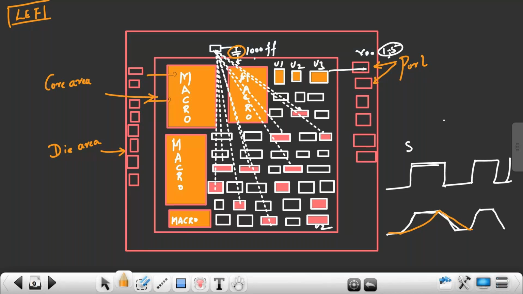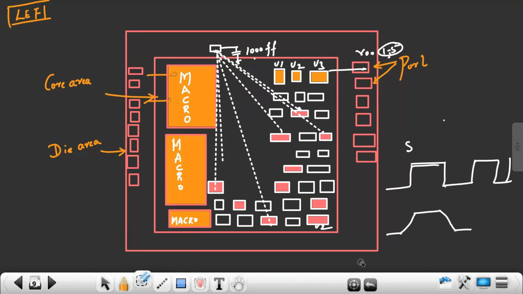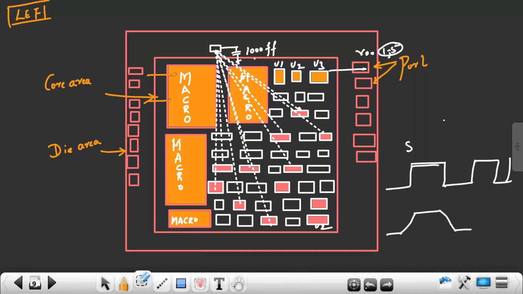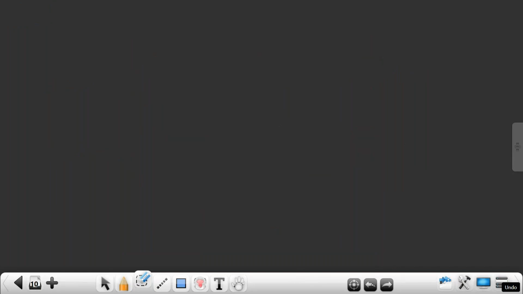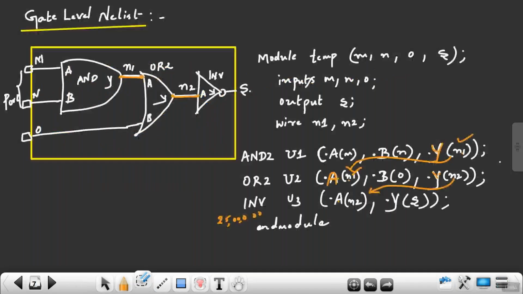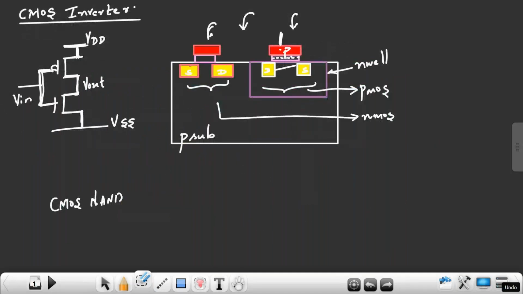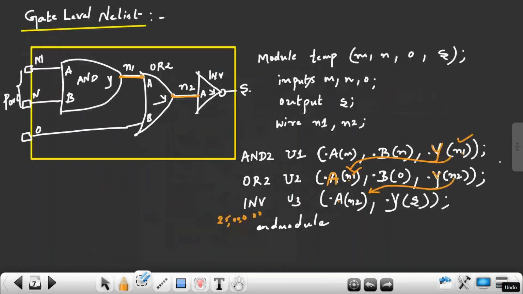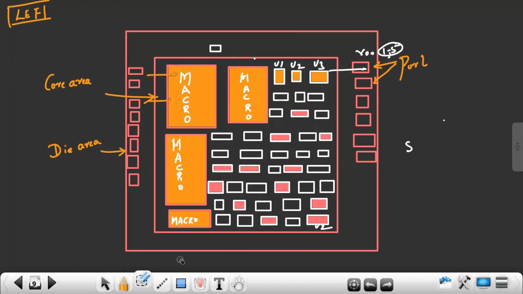So don't supply the clock through only one clock port. Instead, start building your clock tree. Now start building the clock tree. So how do you build a clock tree?